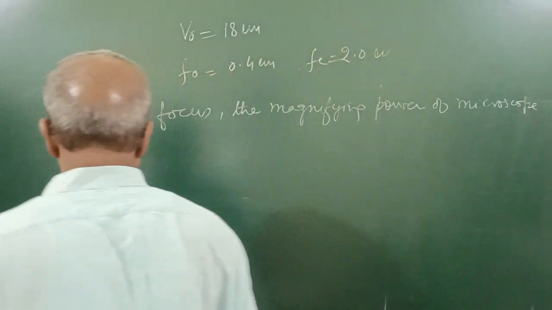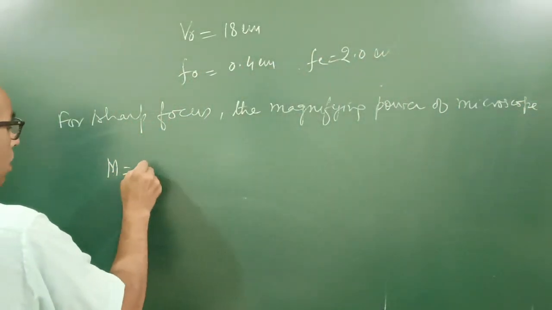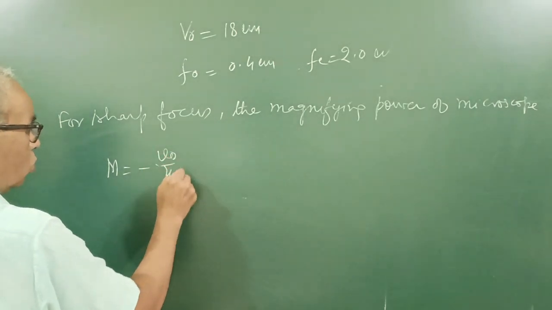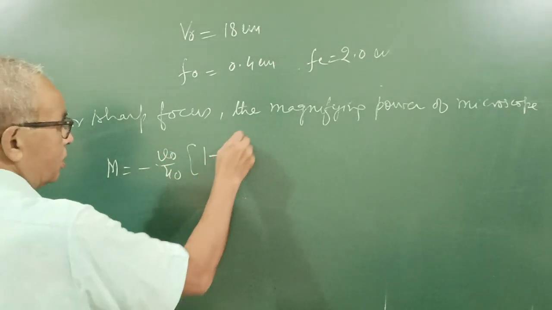That's why I'm writing. M is equal to minus VO over UO into 1 plus D upon FE.